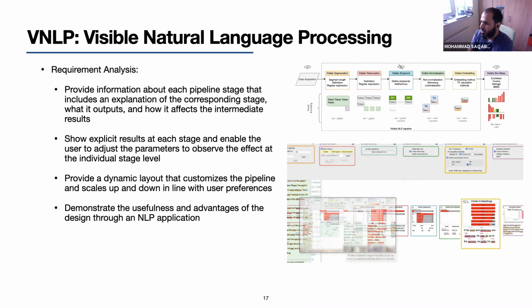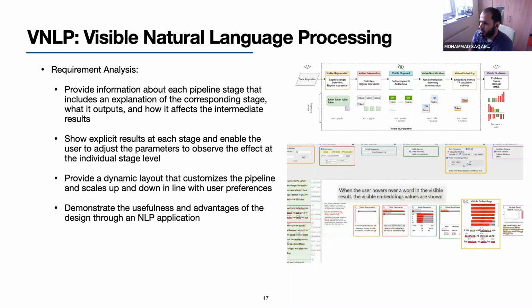We also show the explicit results at each stage and enable the user to adjust the parameters. Also, provide a dynamic layout that adjusts to the user preference. We also demonstrate the usefulness and advantage through the NLP application, which is text similarities quantification.